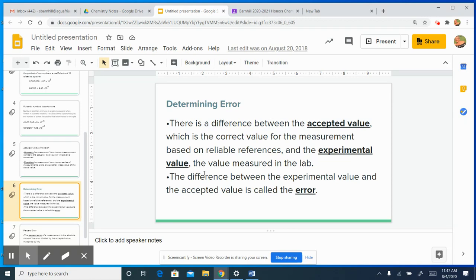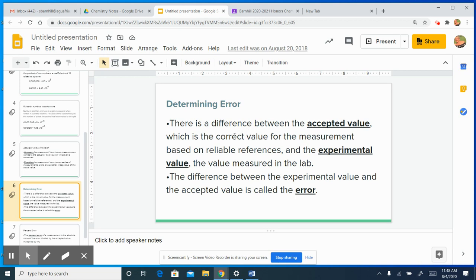When you do a laboratory experiment, there is what is called the error for that experiment. And the difference between the accepted value and the experimental value is called the error for that experiment. So the accepted value is the correct value based on reliable references.